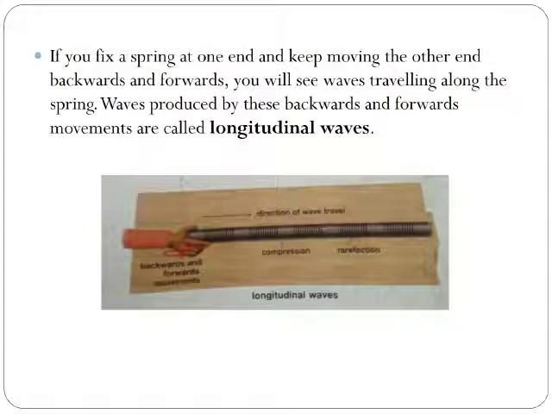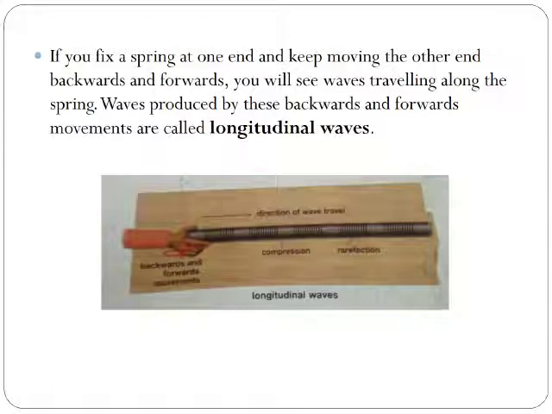Students, you can see that in this diagram, a person is holding the spring in one hand and the other end of the spring is fixed. When the person gives jerks to the spring in forwards and backward direction, the waves are produced in the spring. The waves are called longitudinal waves because in this case, compressions and rarefactions are produced.